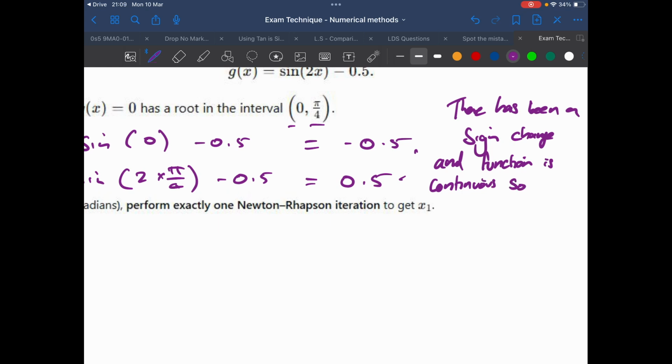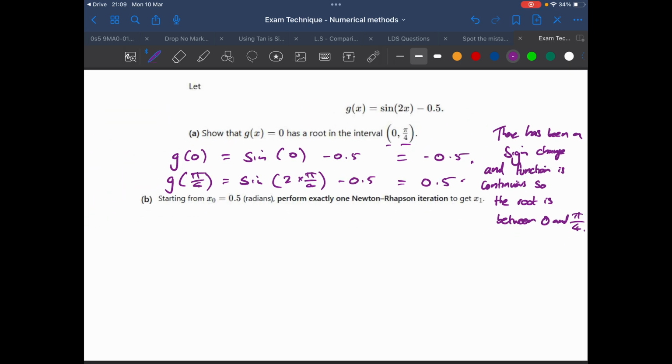If you want a slightly different version, you can call it alpha or the root. The root is between, what were our numbers? 0 and pi over 4. Okay, really doesn't take that long to say. So when you know what you're doing, it's an easy 2 marks.